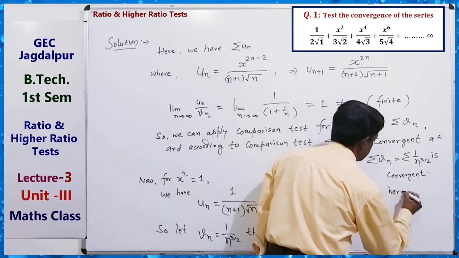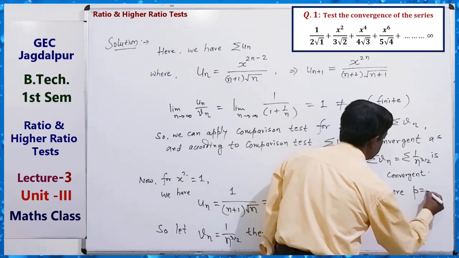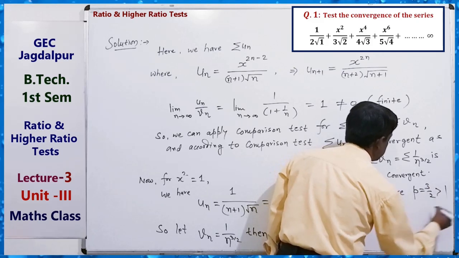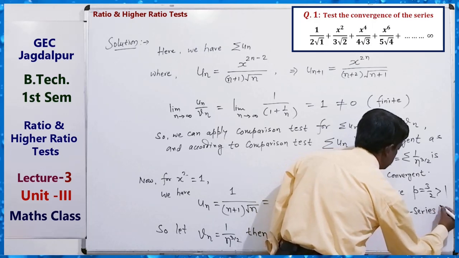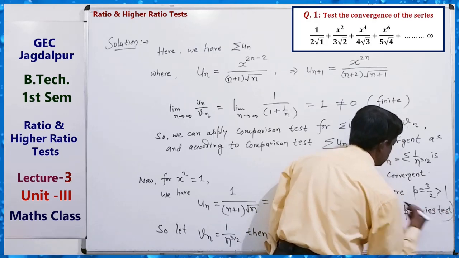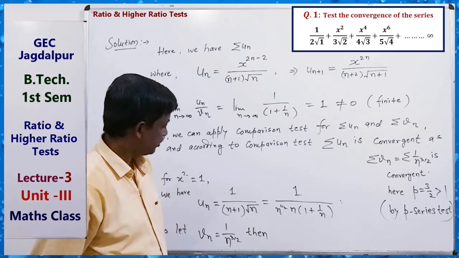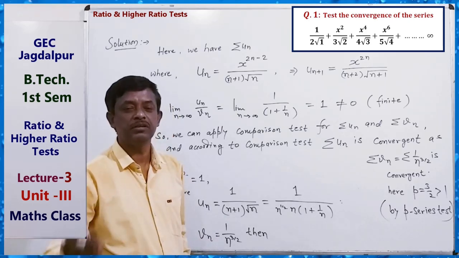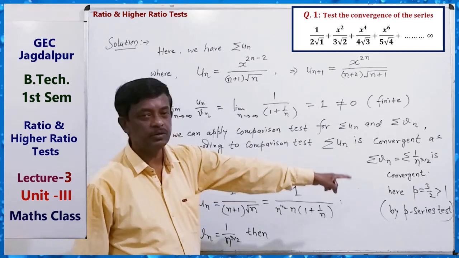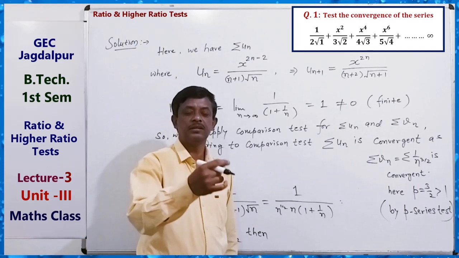Here p equals 3 by 2, which is greater than 1, by the p series test. Clear? Because summation vn is summation 1 upon n to the power p with p equal to 3 by 2, that is greater than 1, and the p series is convergent for p greater than 1.